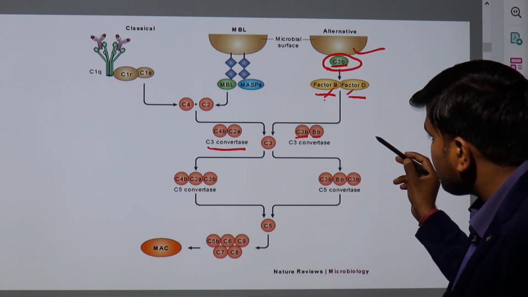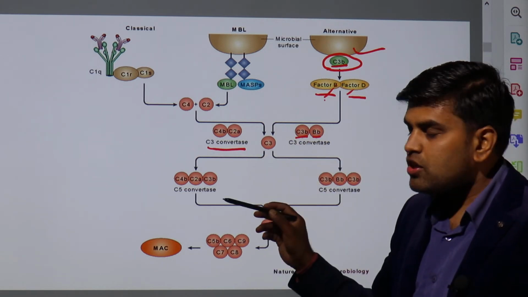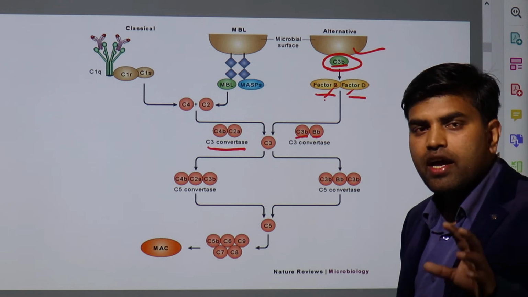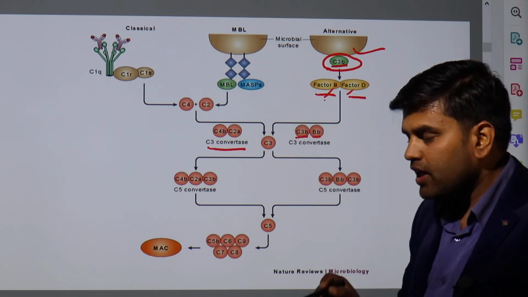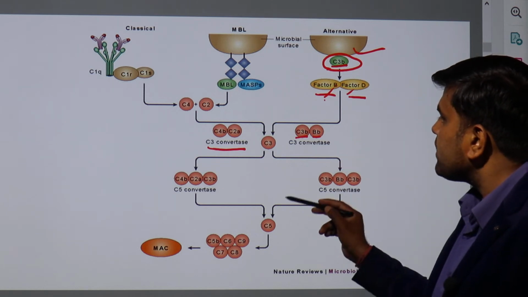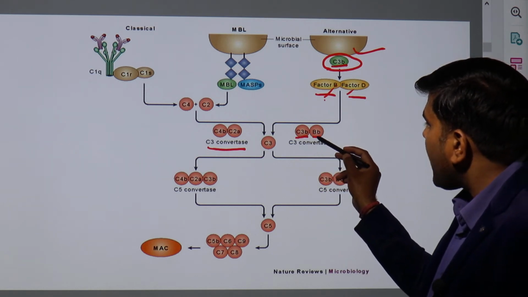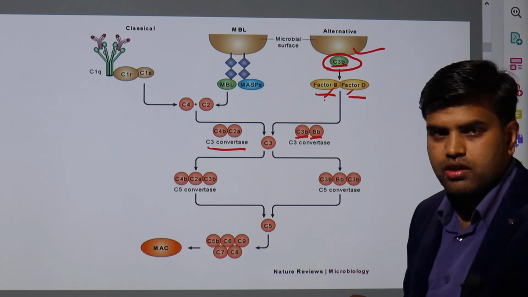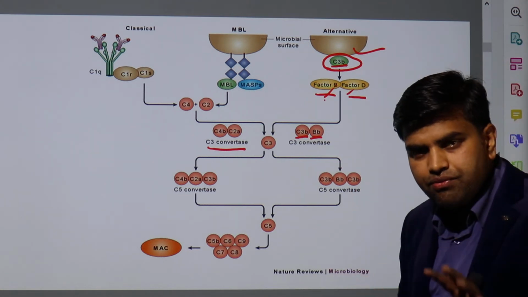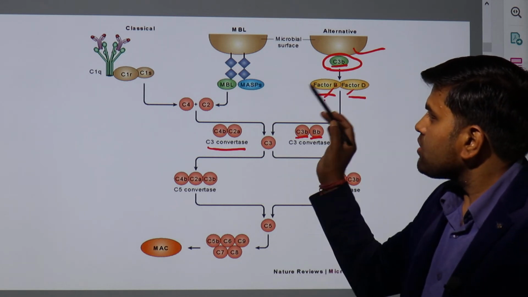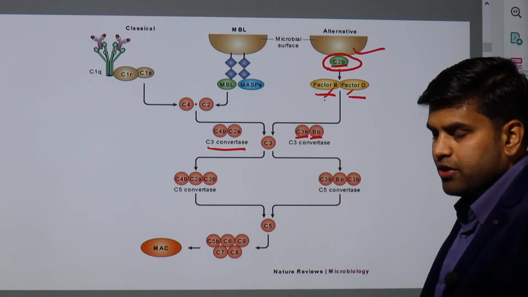But in case of the alternative pathway, the C3 convertase is not similar to that of the classical or mannose binding lectin pathway. That is totally different, and the difference is that it is C3b and there is a big B and small b. So the C3 convertase of your alternative pathway is different than the C3 convertase of your classical or mannose binding lectin pathway.